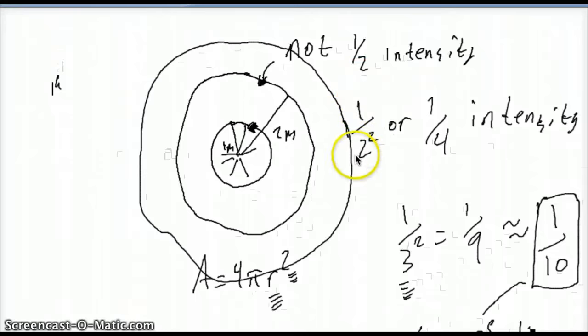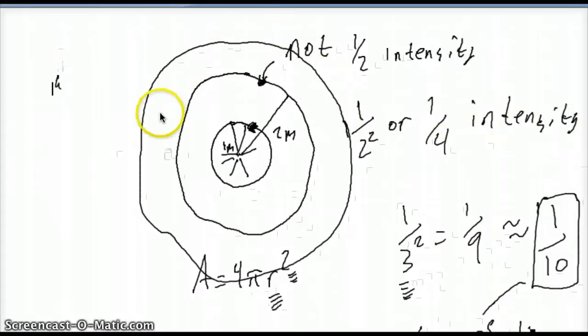A half of the distance means the intensity is over the square. So you would take 1/2 squared, and that would become 1/4 intensity.